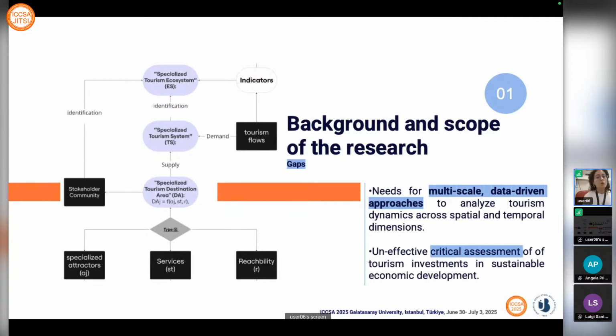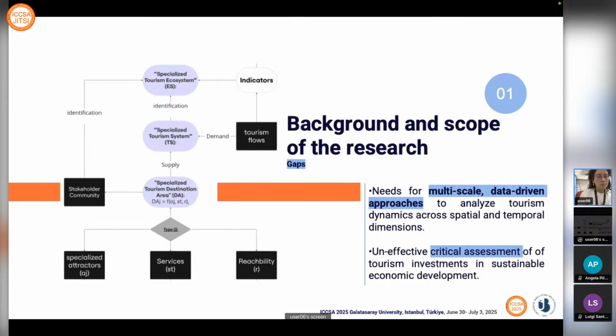So the tourism investments, as Francesco said before, are oriented toward stimulating, for example, demand through the construction of huge attractors. Well, maybe in some cases there is a lack of a common and wider vision about the tourism system.